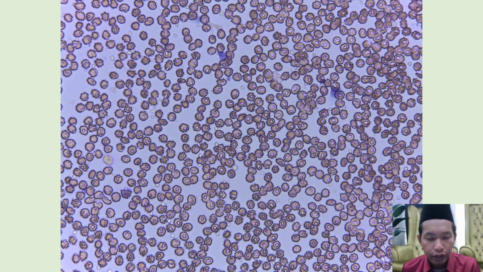So this is the last diagram, for the X-ray high dose in 3 days. From the observation here, there's no target cell, no acanthocyte, no spherocyte, no helmet cells, and no ovalocyte. But less than 5 echinocyte, maybe, we can observe here.